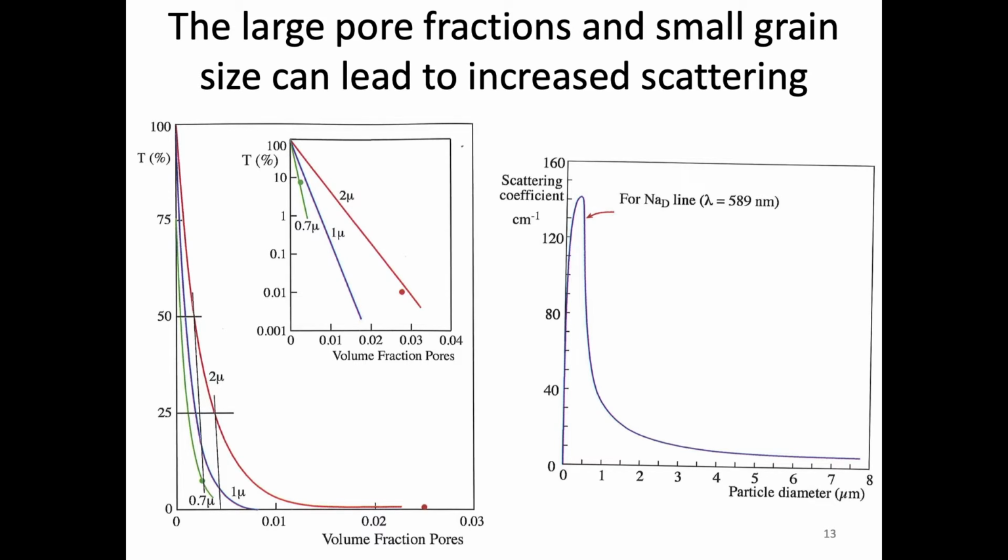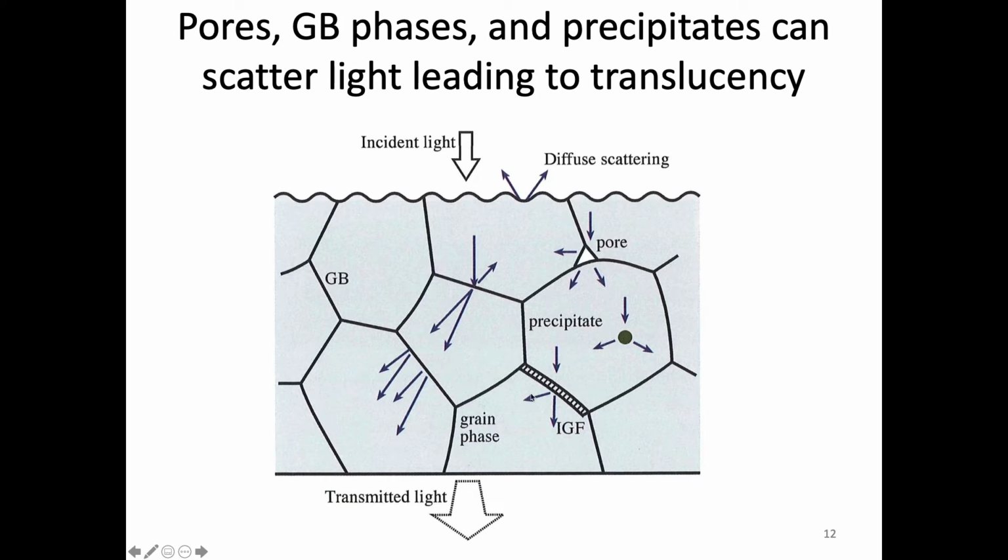I forget what specific material this is, but again, it's a general principle that very small amounts can cause that. The other thing that comes in here is that not only does the amount matter, but also the size of these particles. Transmission in this case is increased if we have larger particles. Another way of looking at that is to think about what we're trying to transmit through the material.